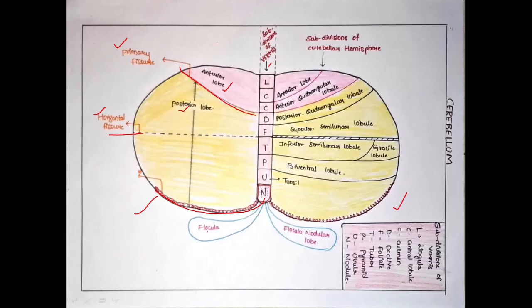You can remember the anterior lobe corresponds to the vermis by three important subdivisions, LCC as a short form: lingula, central lobule, and the culmen.